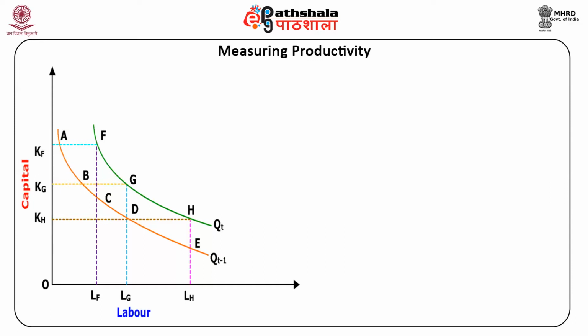If the firm initially is on the best practice isoquant producing an output Q1 in the time period T and has decided to be on point G with utilization of OKG units of capital and OLG units of labor, then the following measures of productivity at point G can be explained.